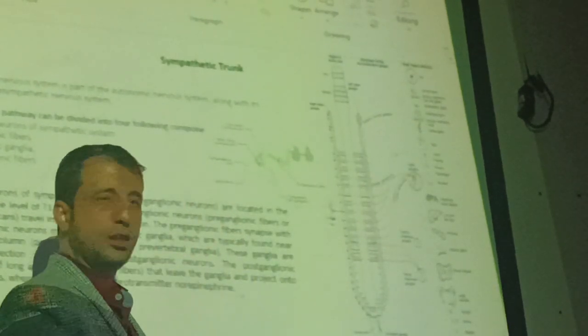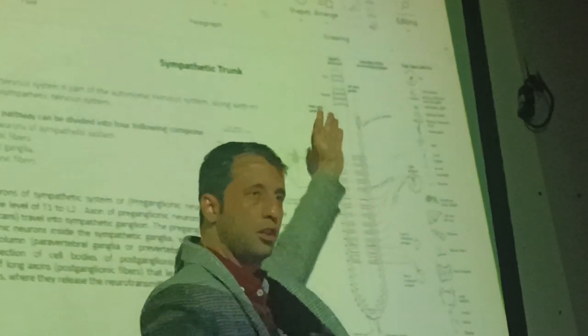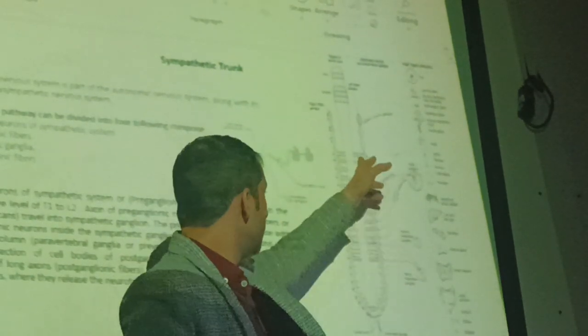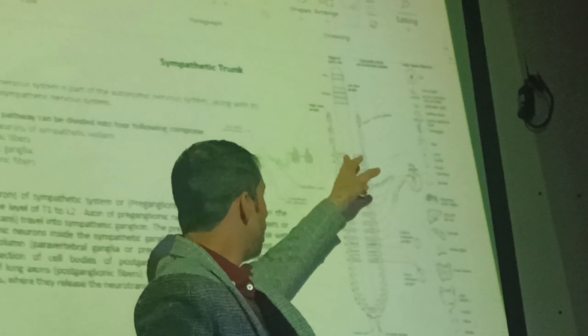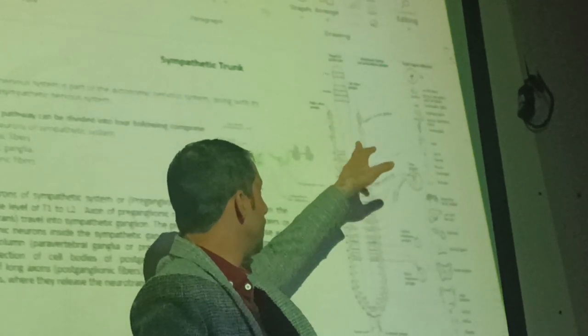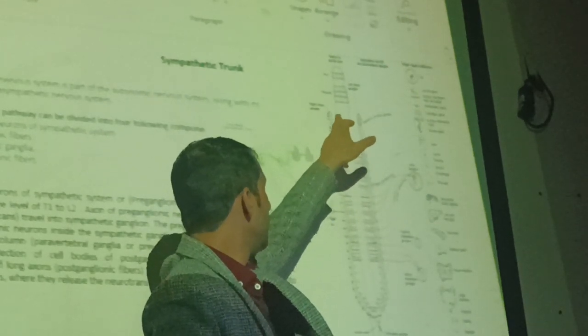Some of them travel inferiorly, and some of them travel superiorly. The fibers which travel superiorly arrive at the inferior, middle, and superior cervical ganglion. And then from these ganglia, several branches are derived. Which branches?